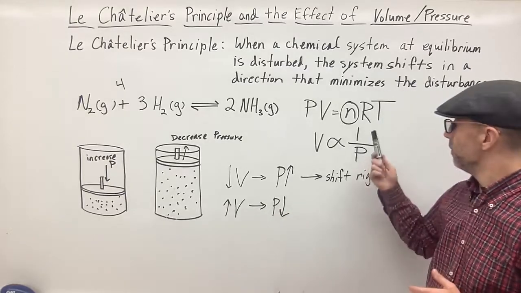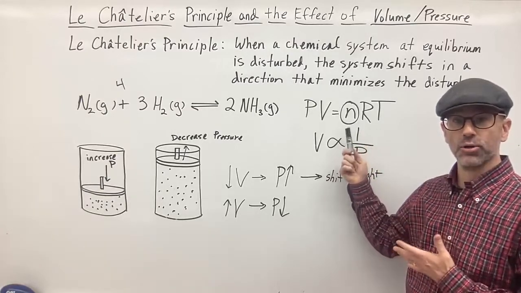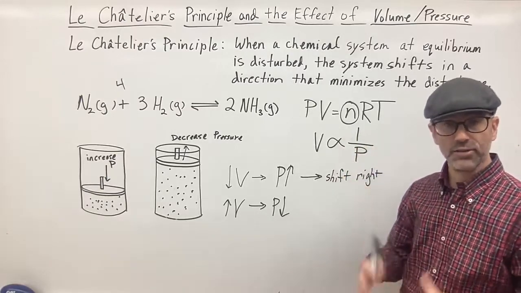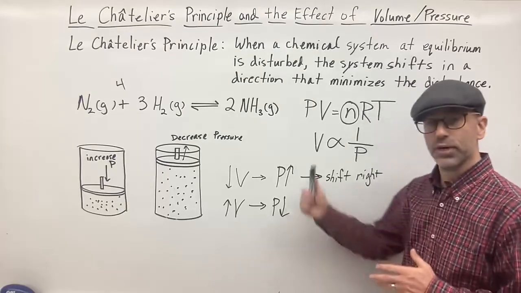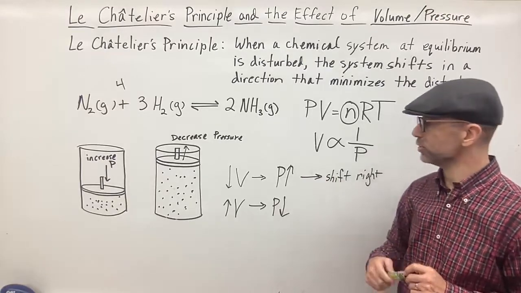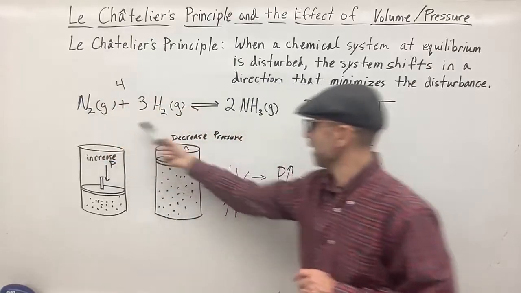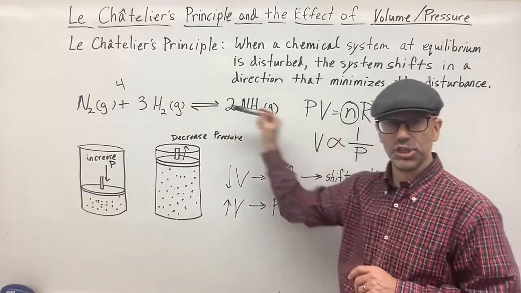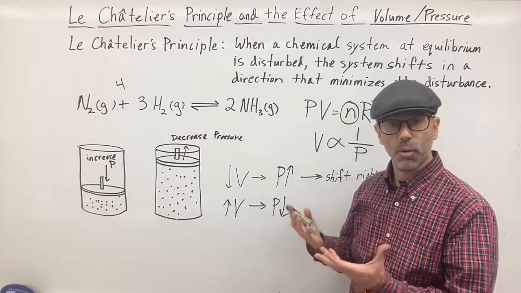And so it's going to have to manipulate or affect the number of particles in the reaction vessel in order to do that. So how is it going to increase that pressure back up? Well, it's going to have to increase the number of particles. And since this side has more particles on it than this one, it's going to have to shift towards the reactants to create more particles.